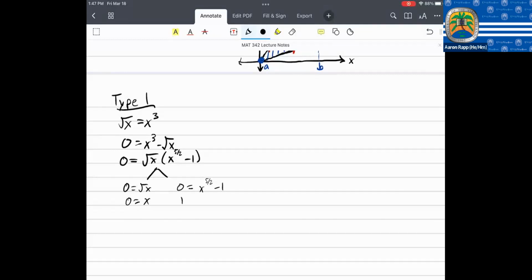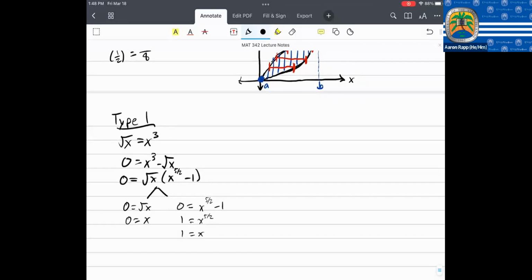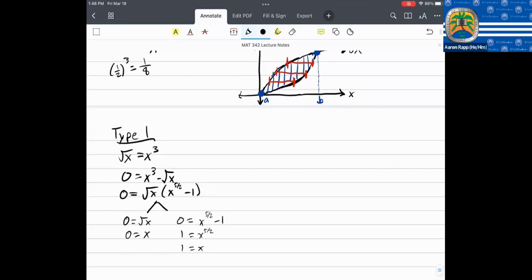That second equation says 1 has got to be equal to x to the 5 halves. Well, I raise everything to the 2/5 power, and that's just going to give me x has got to be 1, because 1 to any power is always going to be 1. So I now know what I'm bounded between on the x-axis.